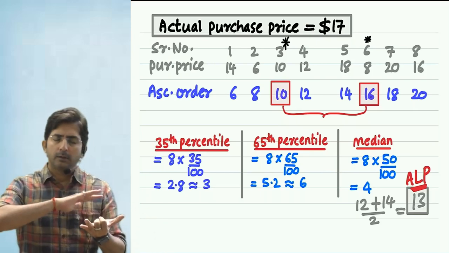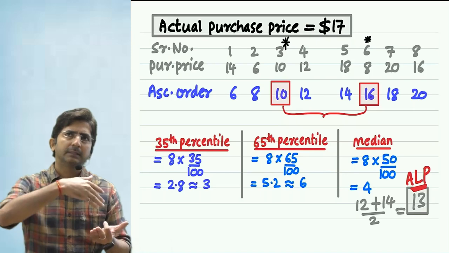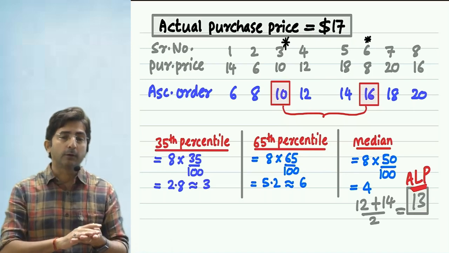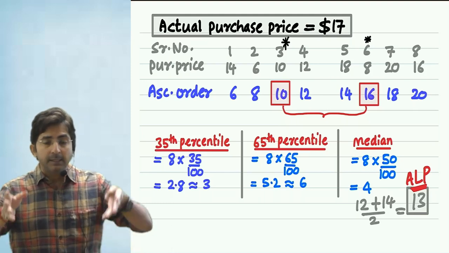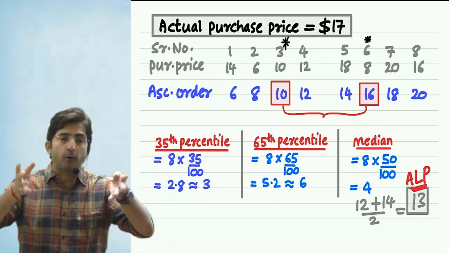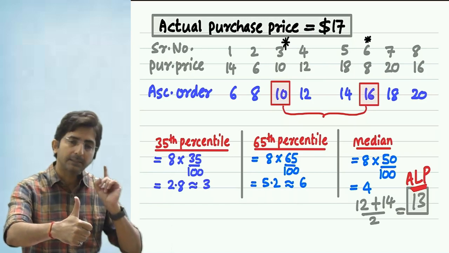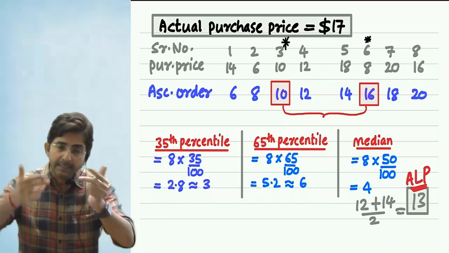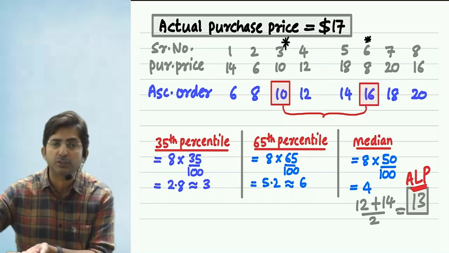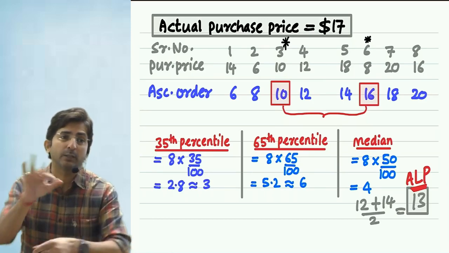Step 2, 35th percentile. Step 3, 65th percentile. Step 4 is checking the price in the range. If it falls in the range, then thumbs up. That price is genuine. And if the price doesn't fall in the range, then calculate the median and give the conclusion. That difference should be added to the income, and so on.